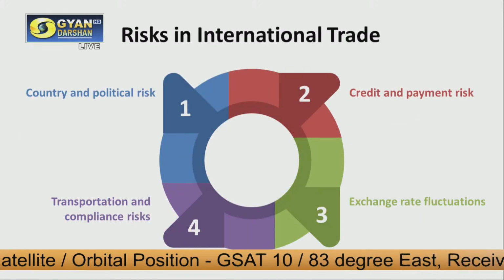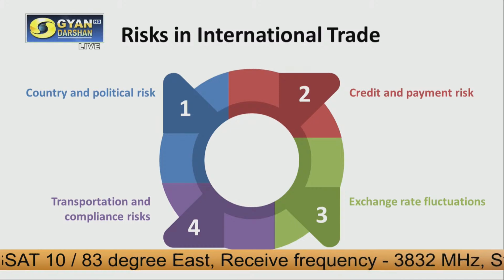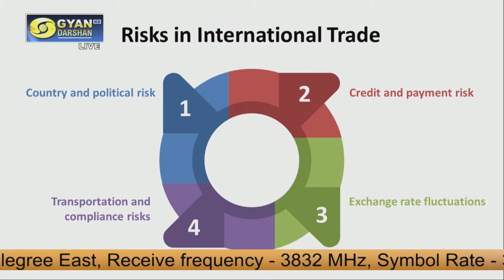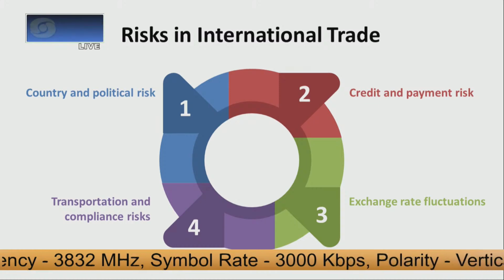There are various kinds of risk in international trade, friends. Number 1 is country and political risk. What is country and political risk? We know there are various countries which may default due to their economic issues. We have seen the case of Venezuela.